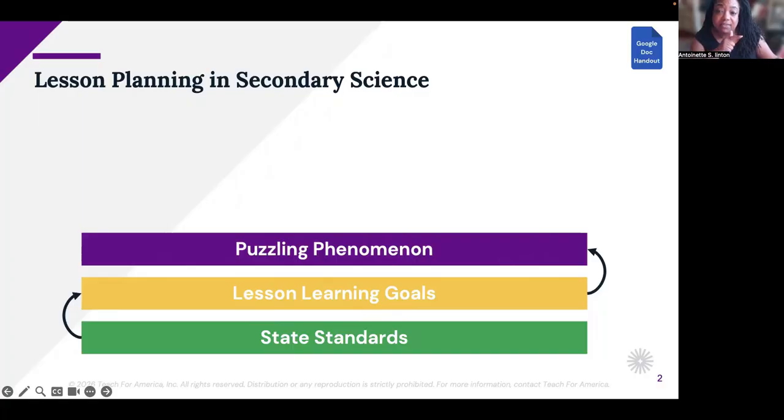As we create this foundation for the planning, what kind of thinking am I engaged in? And I would take some responses. Why introduce a puzzling phenomenon before direct explanation?